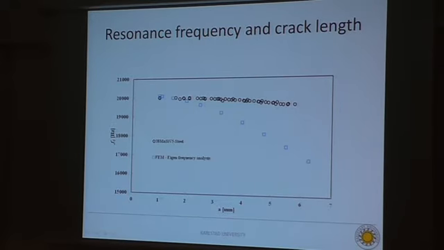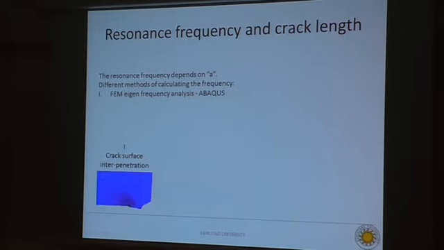So we came up with another idea, which we call the pull and release method, which is basically a two-step method, also within FEM software Abaqus, where in the first step we simply pull the specimen in a static step, and in the second step release it in a dynamic step and let it bounce back and measure the time for each bounce, and from that we calculate the frequency.